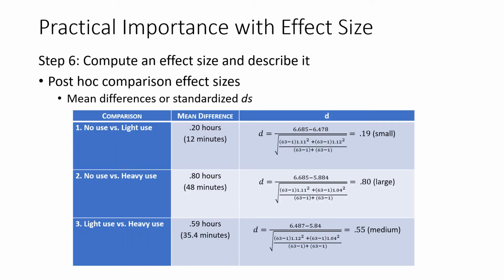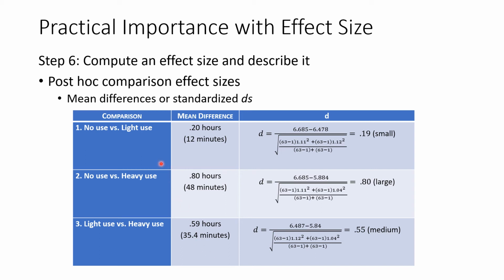Now, we're not quite done with examining effect size yet, because the overall effect, while it can be useful in summarizing the relationship between two variables, getting into the detailed comparisons between specific levels of the independent variable is also very important, and frequently that's more critical to examining the relationship between the variables in a more detailed way.